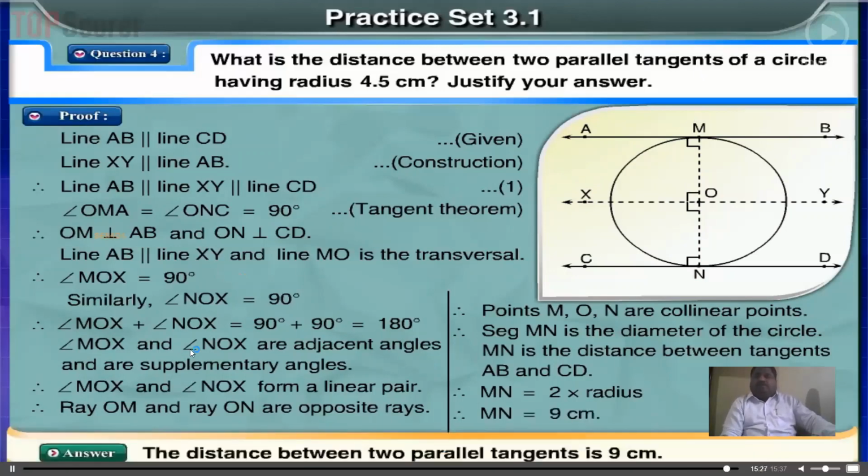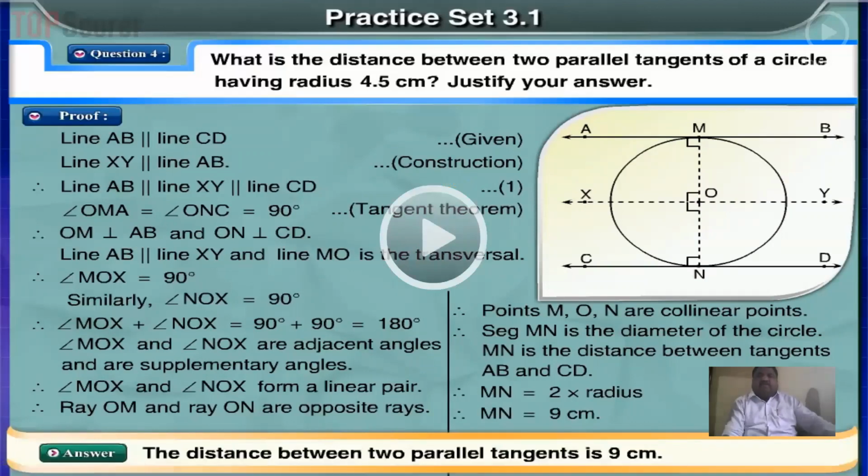Therefore, the distance between two parallel tangents is 9 centimeter. It is a very simple question. We have used in this question that tangent is perpendicular to the radius, and by using this theorem we find the distance.